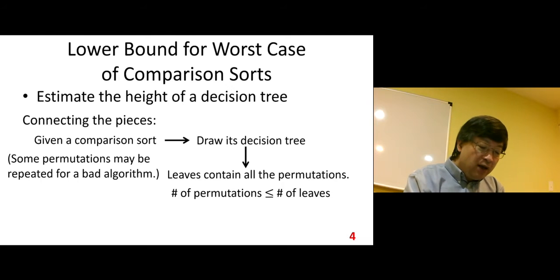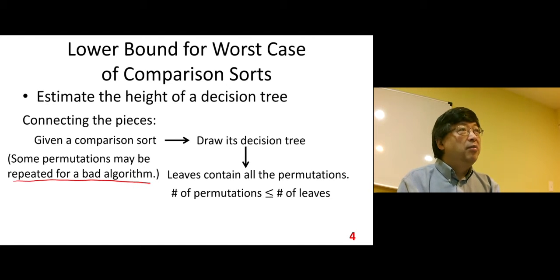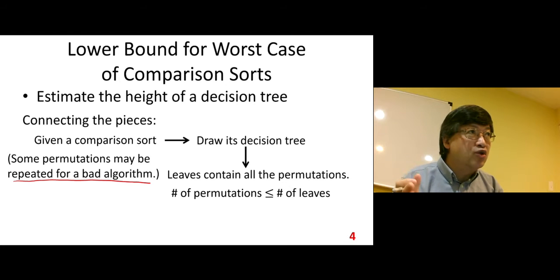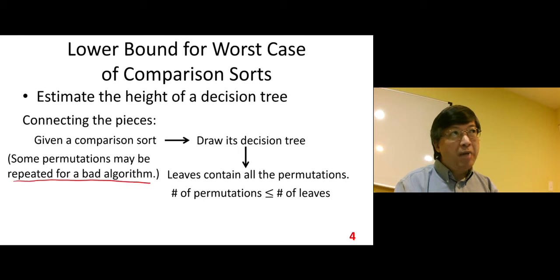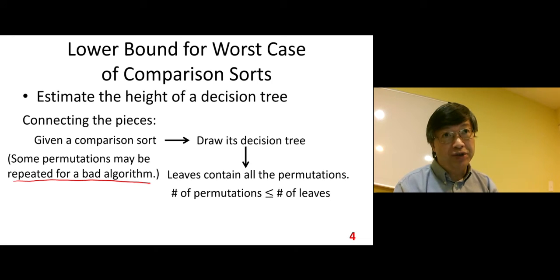Because some permutations may be repeated for a bad algorithm. Here we talk about a general comparison sort, and that comparison may not be optimal. It could be a bad, inefficient one with some redundant comparisons.